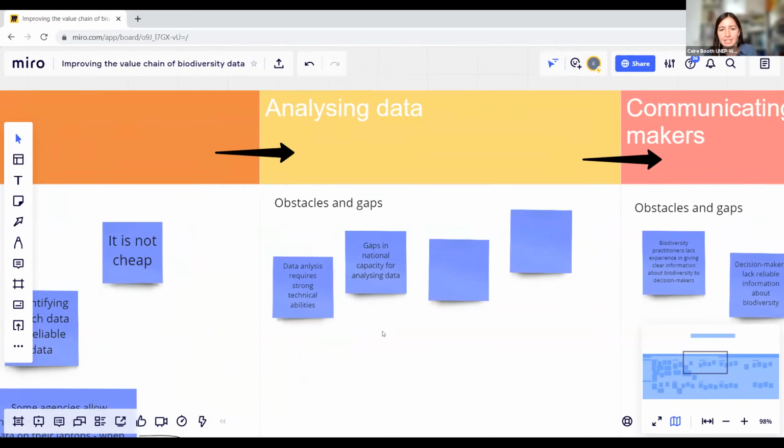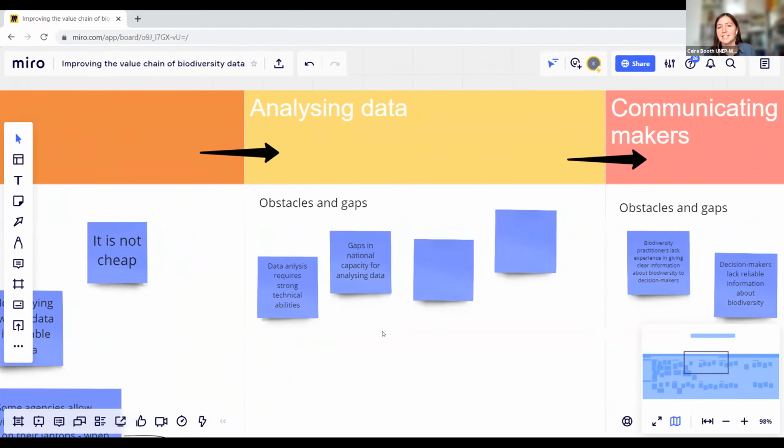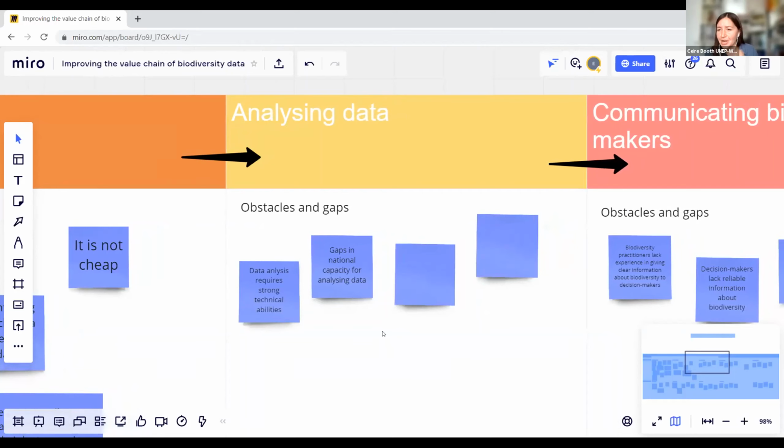And that links really nicely to gaps in national capacity for analysing data. So I wonder if anyone on our panel would like to come in with any challenges that they've encountered from their own projects, or any experience they'd like to reflect on, or methods for overcoming these challenges.